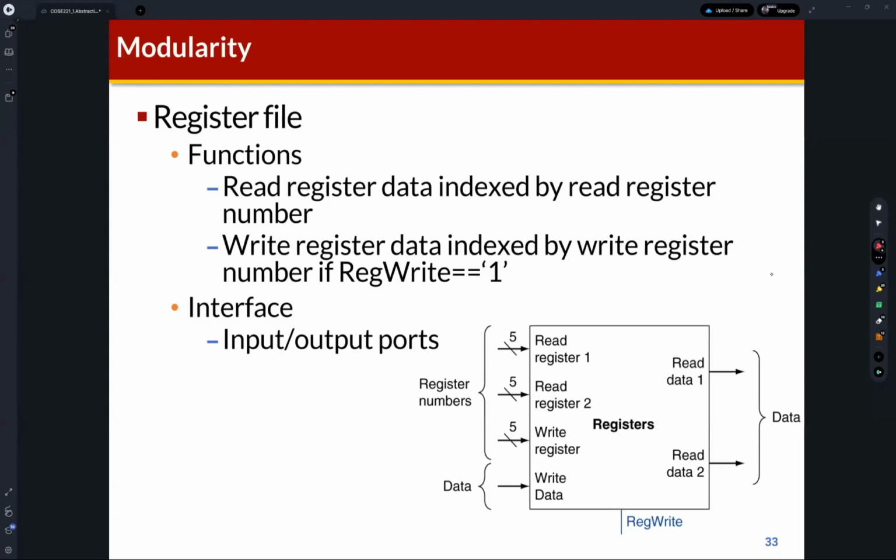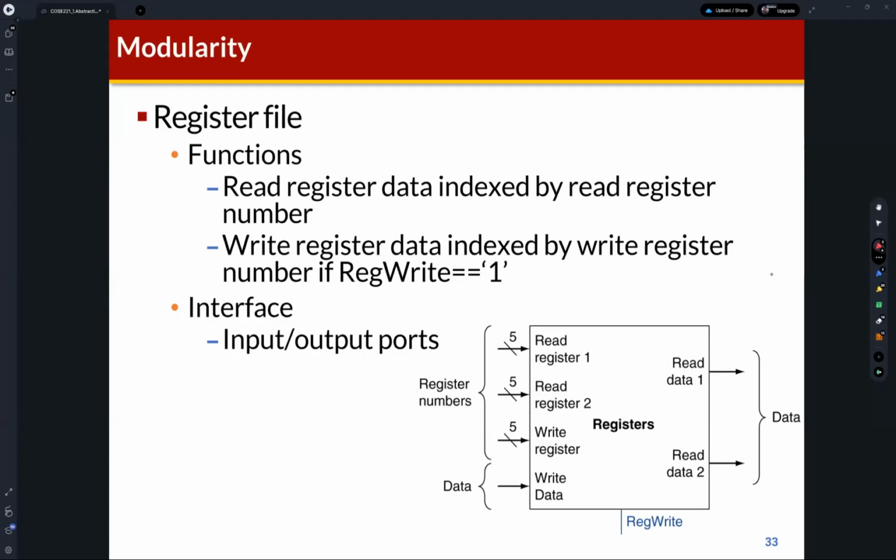And then we can find the output. So these are interfaces. This register file module, a module of the system, receives these input signals, register 1 and register 2. These are the output ports, data 1 and data 2.